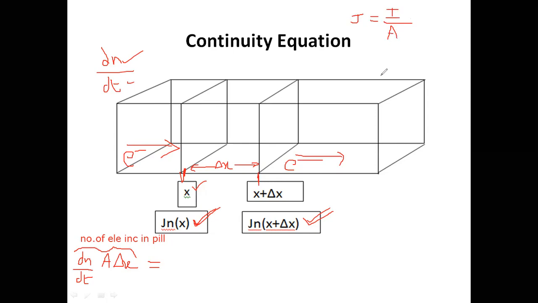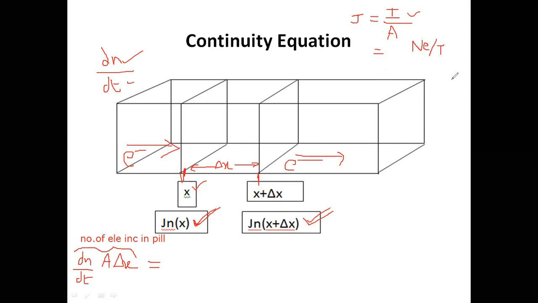Current per unit area, right? So what is current? Amount of charge flowing per unit time is called current.